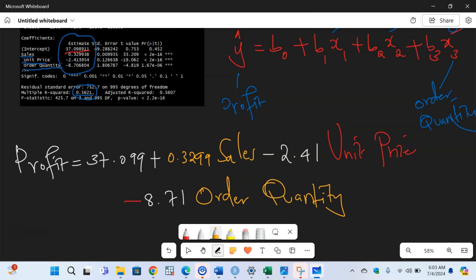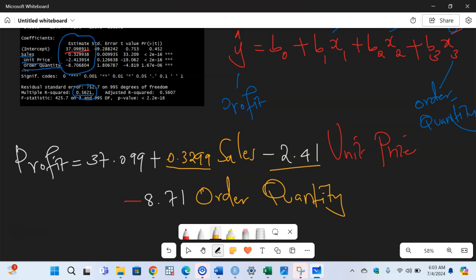Now this is the final model. But remember, when sales was alone as the x variable and ran against profit, it was positive. It is still positive. Unit price is negative.